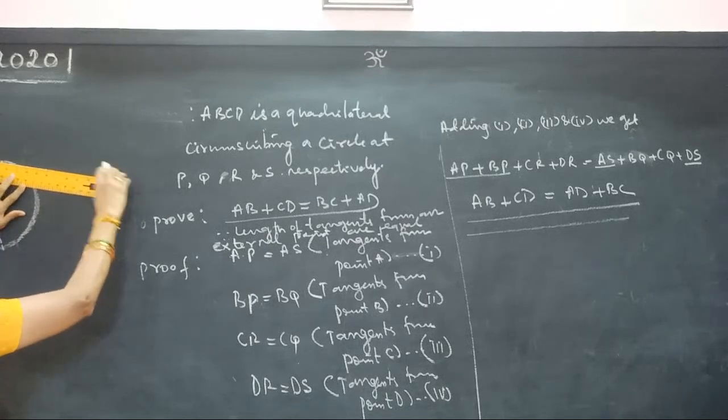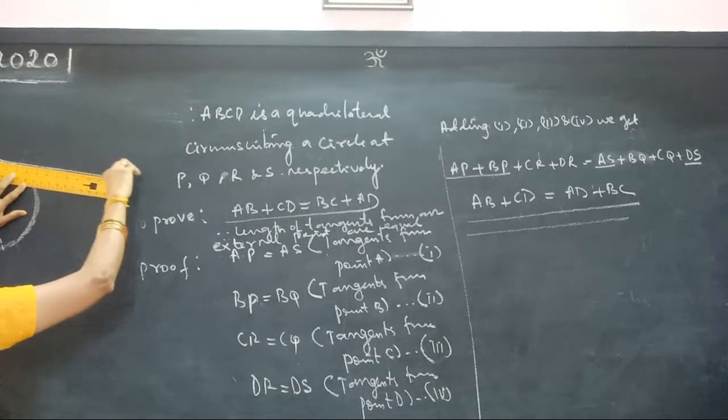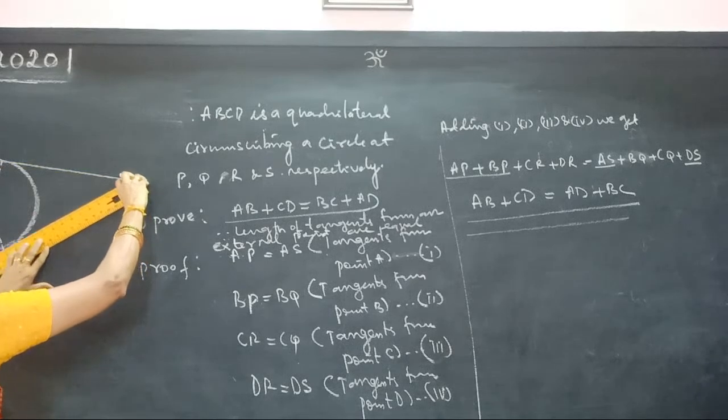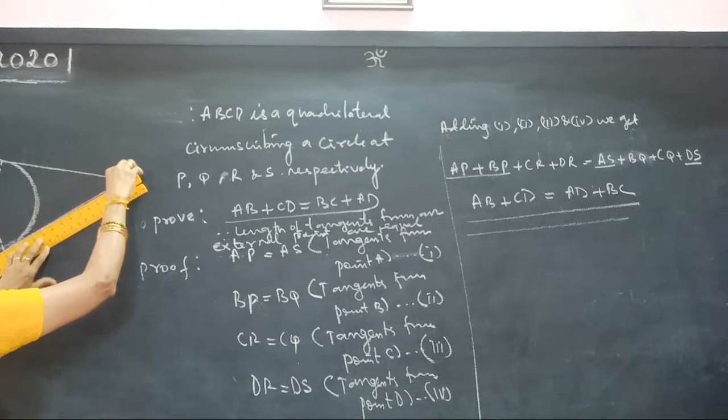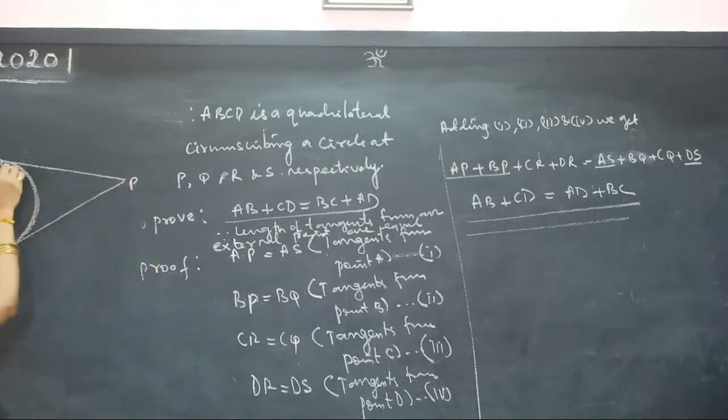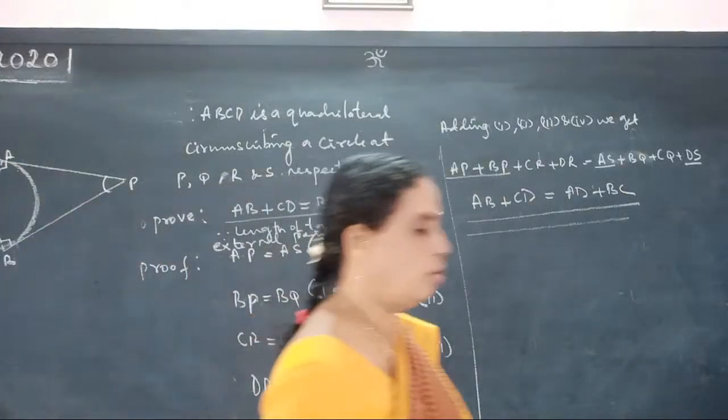So to prove it is a cyclic quadrilateral, we should have the condition that the sum of the opposite angles is supplementary. Cyclic quadrilateral means if the sum of the opposite angles is supplementary, then it is said to be a cyclic quadrilateral.